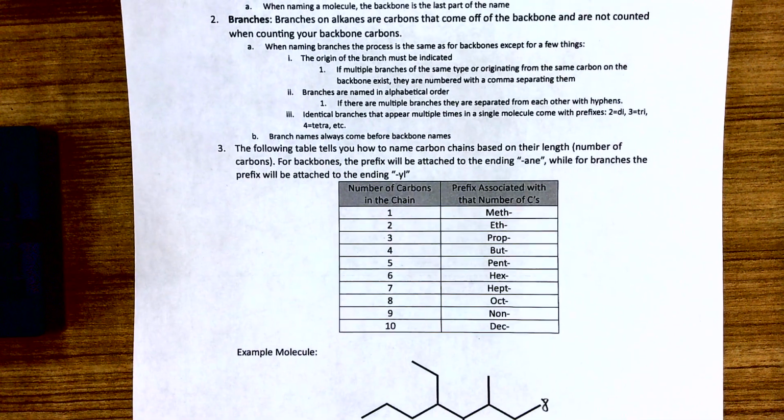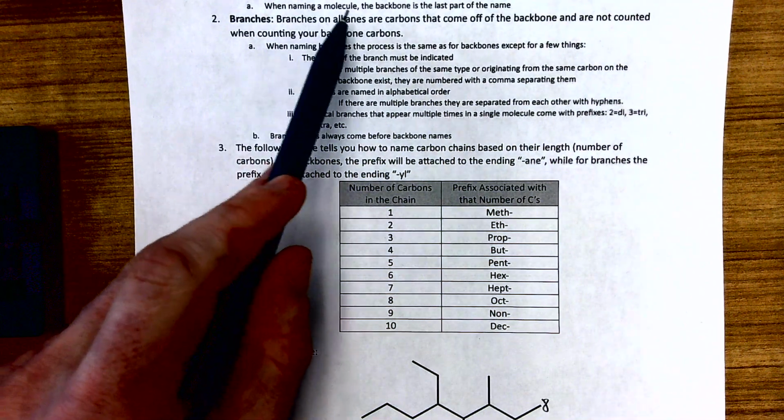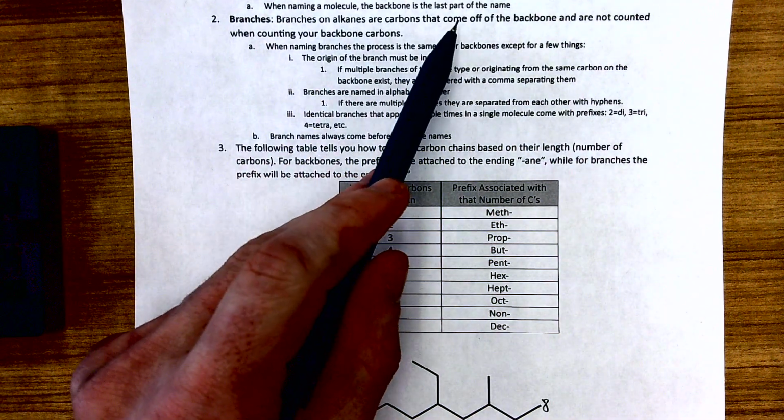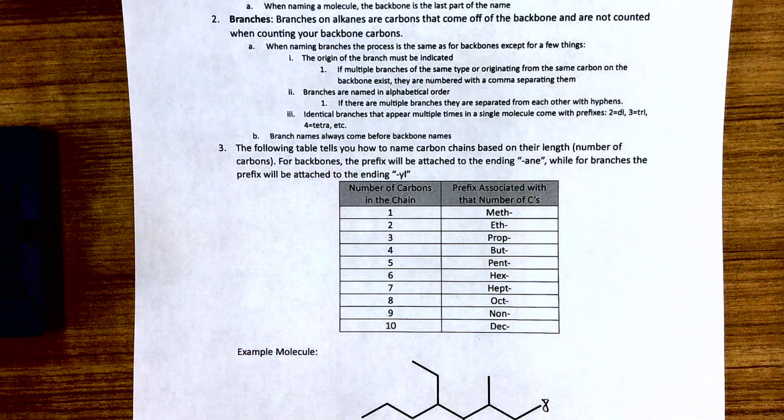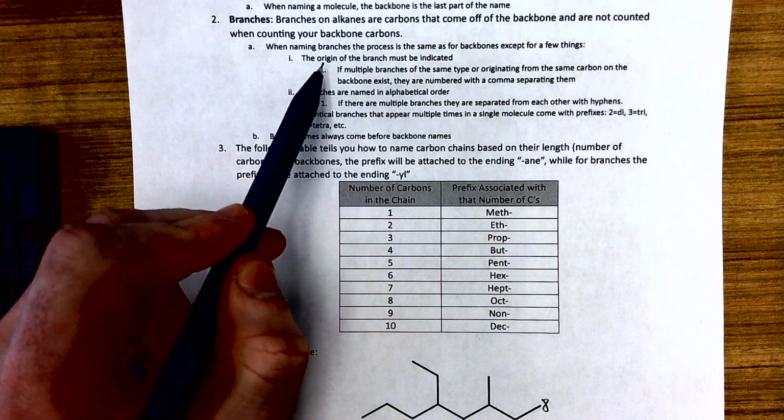Now we need to consider branches. Branches on alkanes are the carbons that come off of the backbone but are not part of it. And when you name branches, there are 3 things you need to keep in mind. The origin of the branch must be indicated with a number.